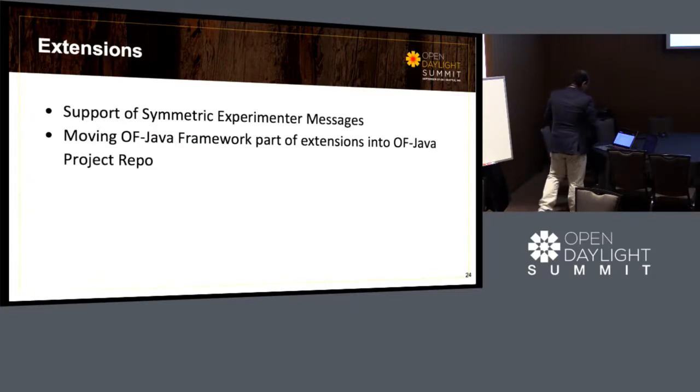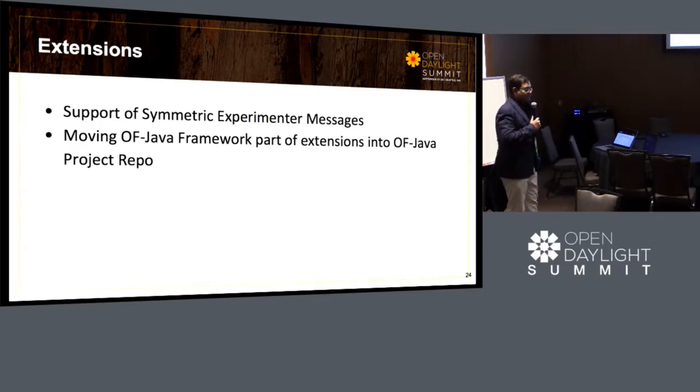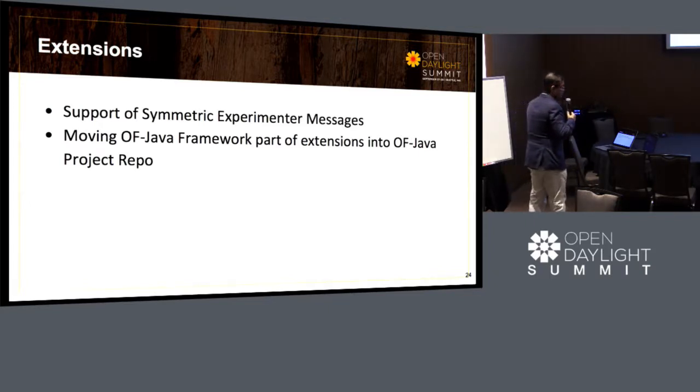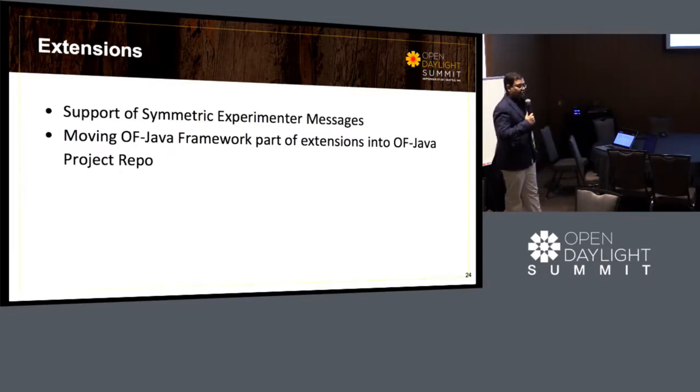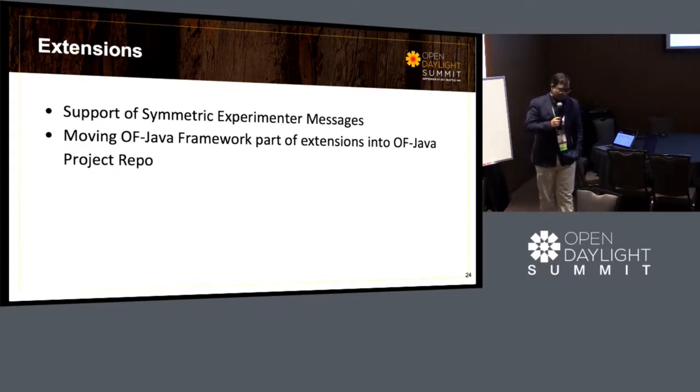Finally, on the extensions part, the current extensions don't have support for symmetric experimental messages. Proprietary or extension messages which require a request and response kind of a thing, we don't have. Support for that would be good because that's the one piece which is missing. If we want to add a new experimenter message, the OF Java encoding and decoding is still present within the OF plugin.